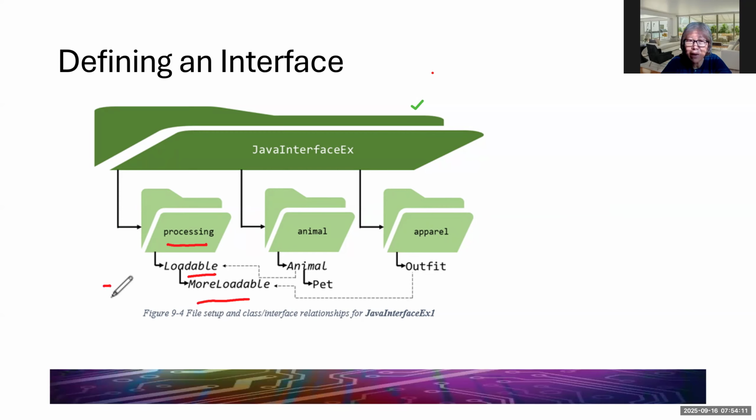Both of them are interfaces. And then we have the Animal class. It's an abstract class. And it has a subclass Pet. This is a concrete class. And we also have another package called apparel, with a concrete class.